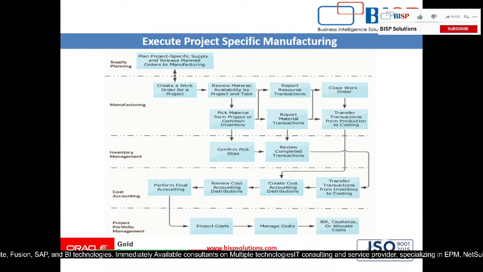high level process flow of this specific project manufacturing. Start from creating the work order. The work order is created based on the planned order released from supply planning. Then we can review the material availability. We can pick material from the project common inventory, and we can send it to our review and planned completed transaction.